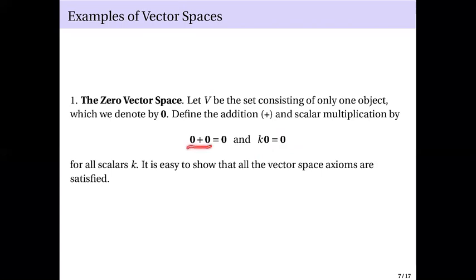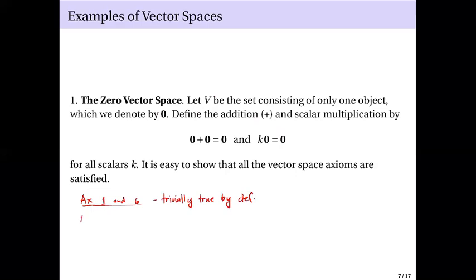Of course, 0 plus 0 is the same as 0 plus 0. You didn't notice I used the commutative property there. I interchanged the two zeros. So commutativity. Let me write it here. Axioms 1 and 6, trivially true by definition.